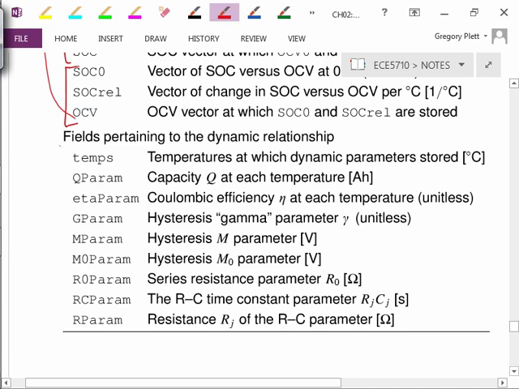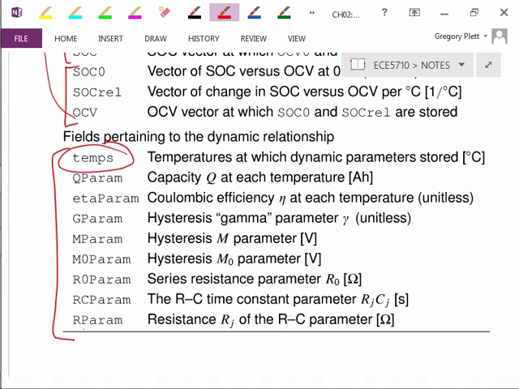And then these all describe the dynamic parameters. These are the temperatures at which the data is stored. And then there's a Q parameter, an eta parameter, a gamma parameter, a hysteresis M parameter, a hysteresis M0 parameter, an R0 parameter, an RC parameter. And this is actually a vector of RC parameters if there's more than one. And an R parameter, which is a vector of resistances if there's more than one resistor-capacitor pair in the model.